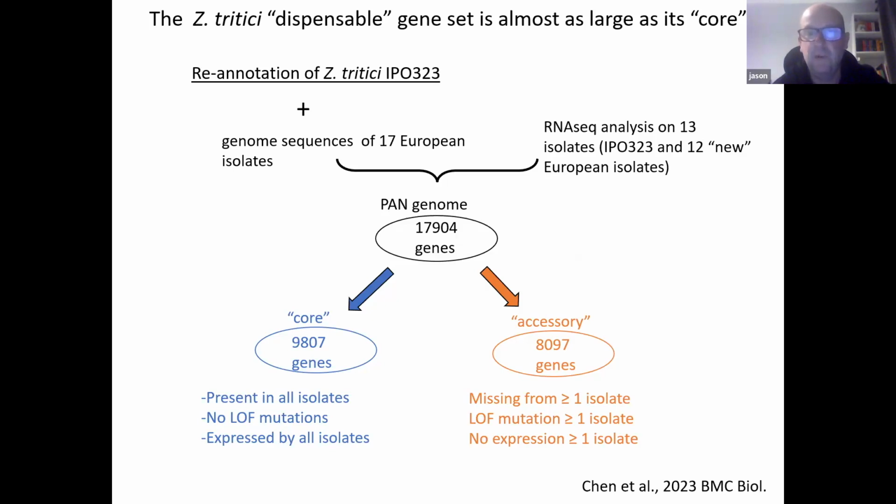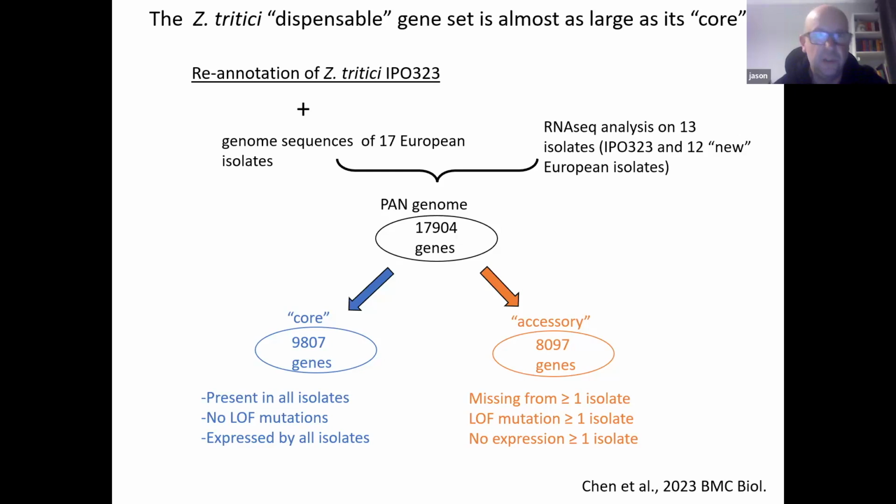We pathotyped them all on wheat genotypes and selected very aggressive strains. And then we also did RNA sequencing on those strains, or the majority of those strains as well, including in culture and during infection. And effectively, we built a pangenome of just short of 18,000 genes from all this data. And then we assigned them as either core or accessory.